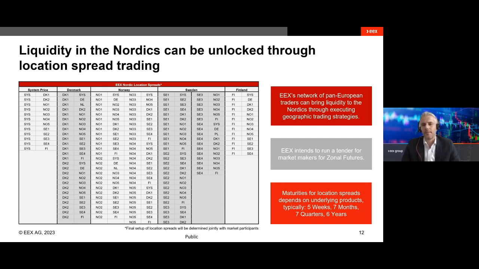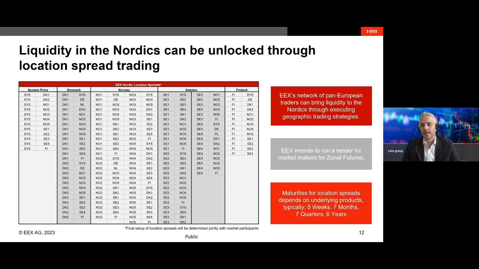For example, between Denmark and the Netherlands, Germany and Norway, Sweden and Poland. With zonal futures and the spread functionality, market participants can trade and hedge the price risks between such two zones. Additionally, in order to build liquidity, EEX will also run market-making tenders for these Nordic zonal futures in due course.